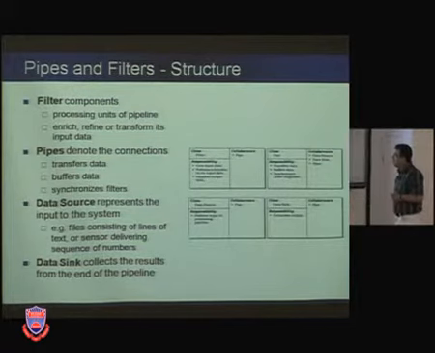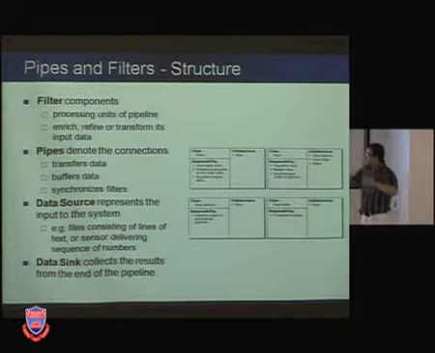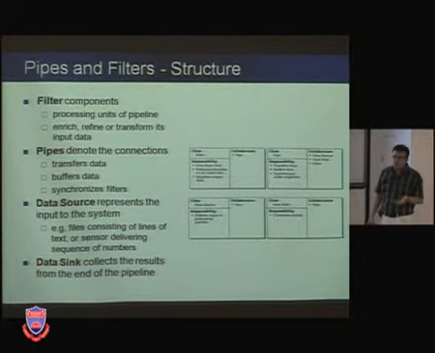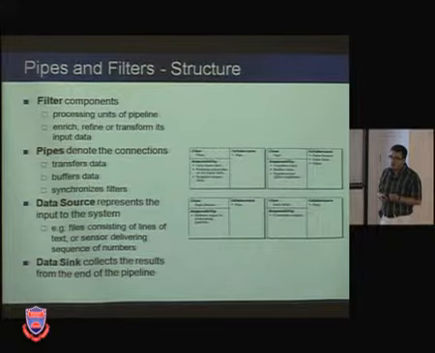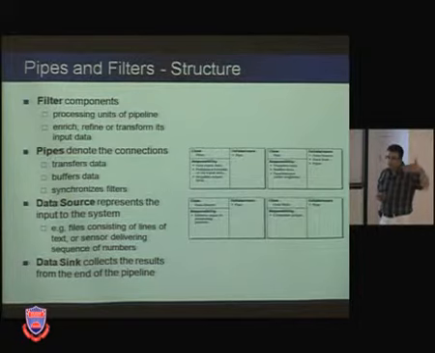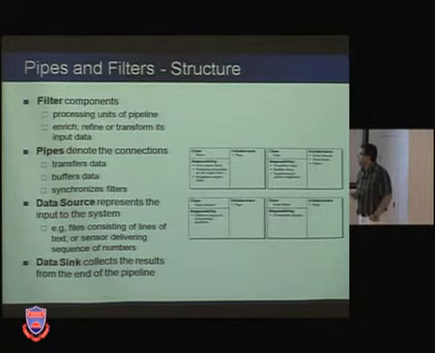The pipes denote the connections. They just connect the filters. Their key role is transferring the data, buffering data, and synchronizing filters. Then you have a data source, which represents the input to the system, actually the first filter, we could say.